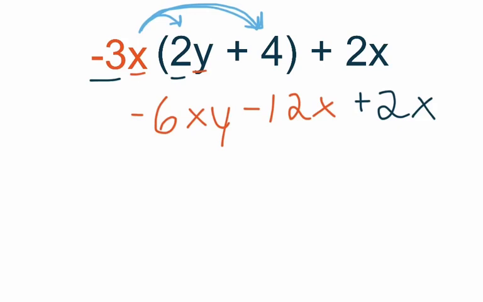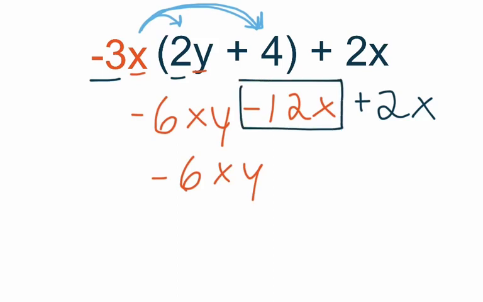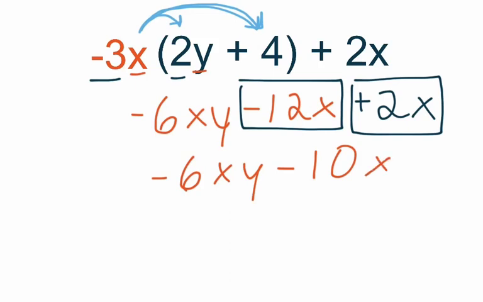So let's try that. I still have, underneath, my negative 6xy. But then I've got a negative 12x and a positive 2x. So if I had negative 12x plus 2x, that's actually in the negatives. That's like being underwater, negative 12 feet, and then coming back up 2 feet, which should be negative 10x if I combine those like terms.